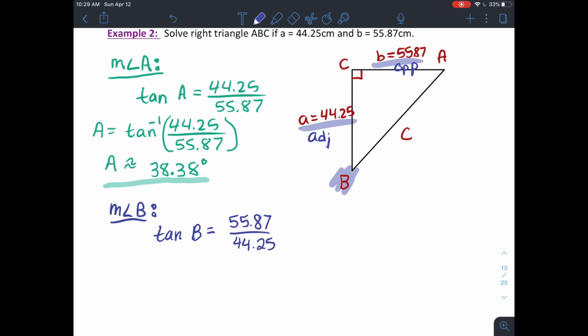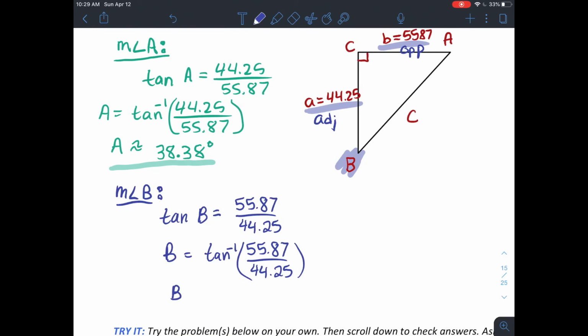And then I can do inverse tangent to get measure of angle B. And yep, copy paste, I gotta love it. That'll give you B is approximately 51.62 degrees.